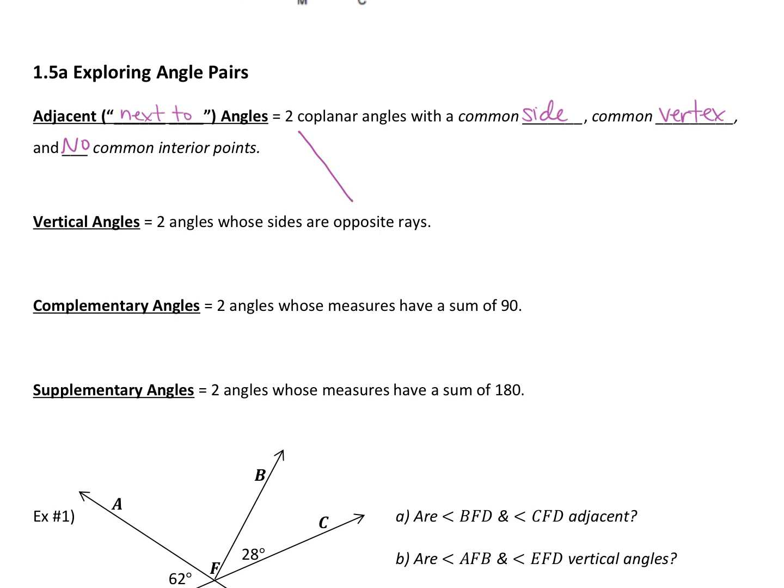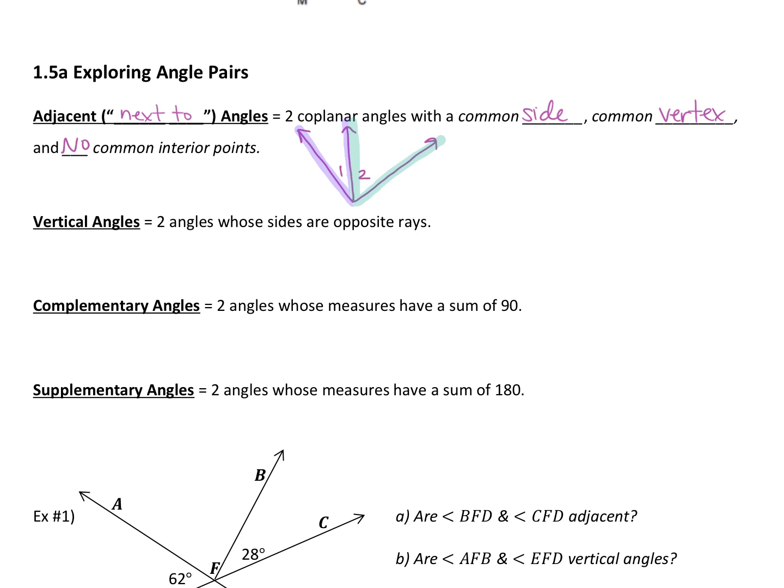So if you're wanting to draw with me, I highly recommend it. If we draw an angle and then you kind of just draw a ray in between, I would say right now that angle 1, okay, so this angle here, and angle 2, this angle here, are adjacent angles.